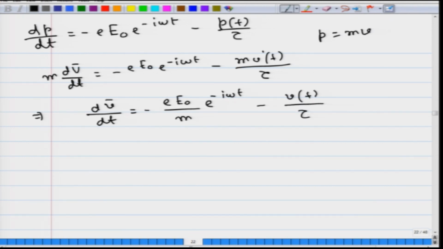Now we put the form of v(t) that we considered, v(t) equals v naught e to the power minus i omega t, as v(t) and F(t) both have the same time dependence.